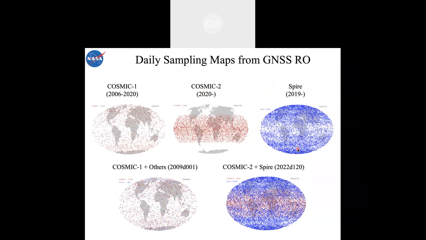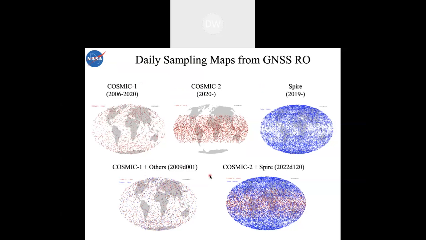This is the spatial distribution of the current GPS radio occultation. For Cosmic 1, this is single-day coverage, back in roughly 2009, January 1st. Combined with the other satellites, this is the best you can get for global coverage.